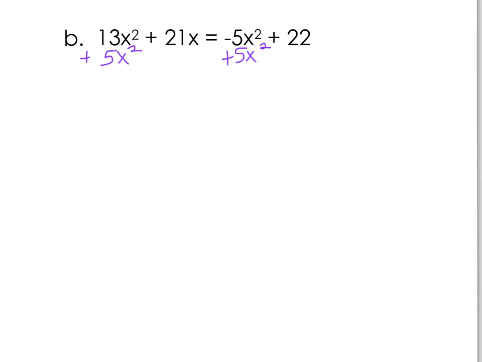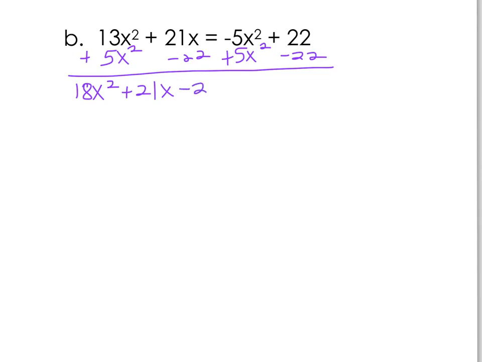Positive 22 on the right, I'd have to subtract that to move it over. Doesn't really matter where I put that. That doesn't combine with anything on the left-hand side. But the x squareds, 13x squared and 5x squared, would be 18. That's aggressive. The 21x doesn't have any like terms. And then minus 22.